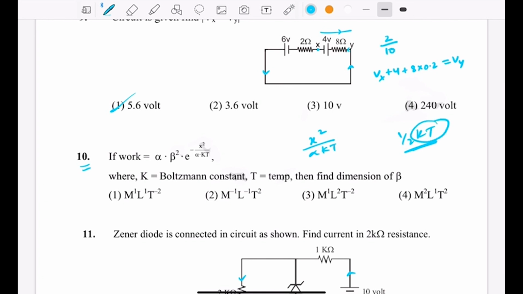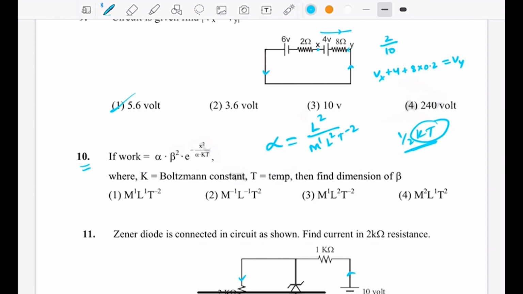The dimensions of x square alpha, dimensions of alpha is x square means L square, L power 2 by kT. kT is energy, so I can use energy half mv square. So m power 1, v is L power 1, v square L power 2 t power minus 2. This is alpha.